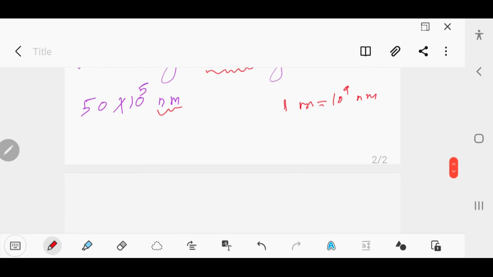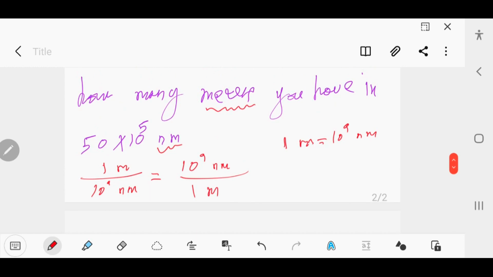So the conversion factor will be 1 meter over 10 to the power 9 nanometer, or 10 to the power 9 nanometer over 1 meter. Simply, the question is asking about meter, so we should choose the first one here where we have meter as the numerator.